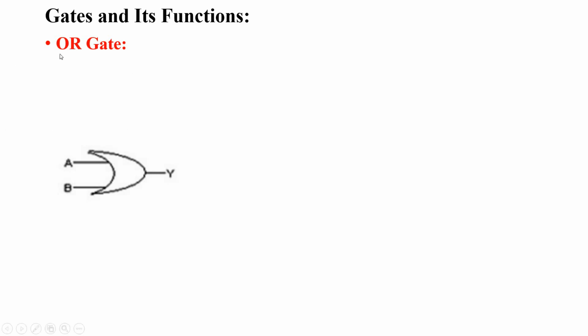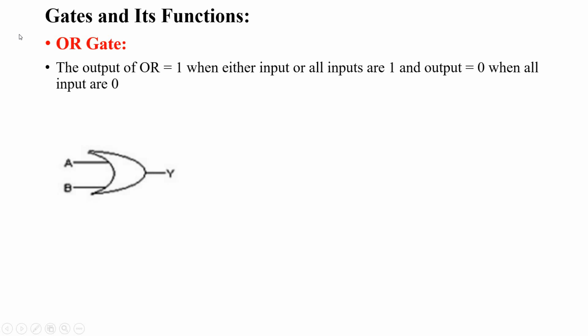So what does this OR gate represent? OR is the logic that means either this input or that input, either input A is available or input B is available, you will get output Y equal to 1.